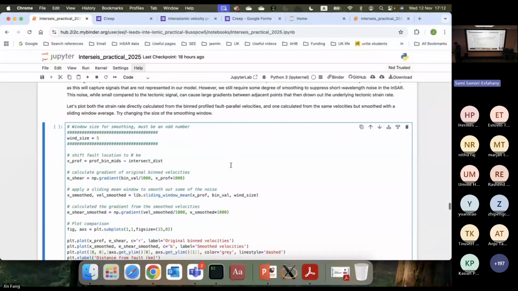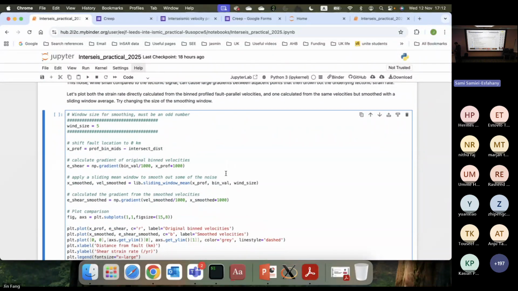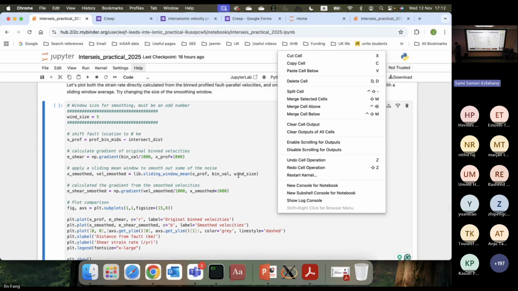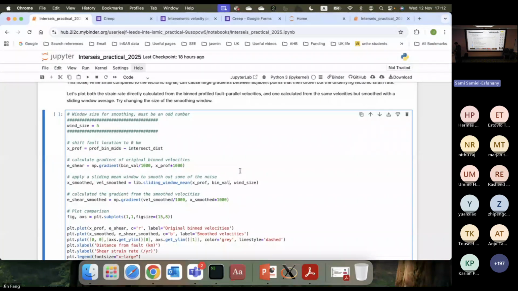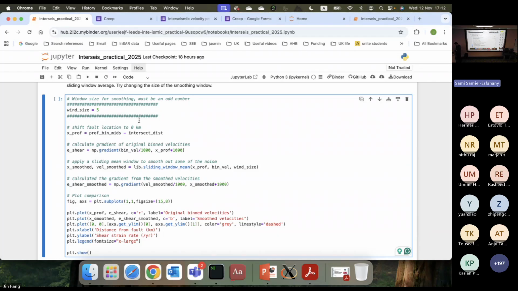So let's plot both: one strain rate directly calculated from the profile fault parallel velocities, and one calculated with the same velocities, but with some smoothing with a sliding window average. You can try changing the size of the smoothing window here.